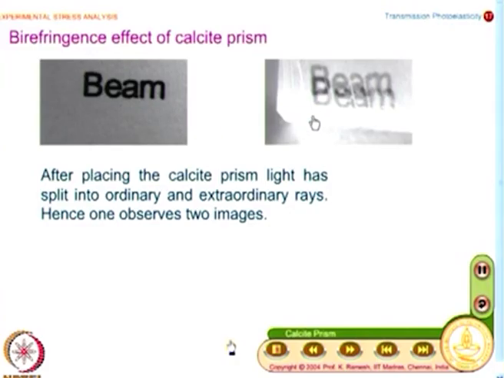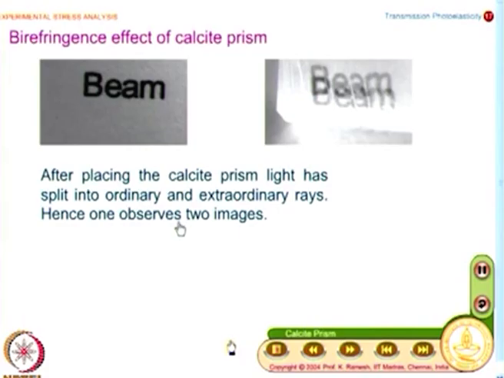The moment I put a crystal, I clearly see two sets of the word beam appearing. And we have seen within the crystal you have an ordinary and extraordinary ray, two rays are being seen, and you see two images.